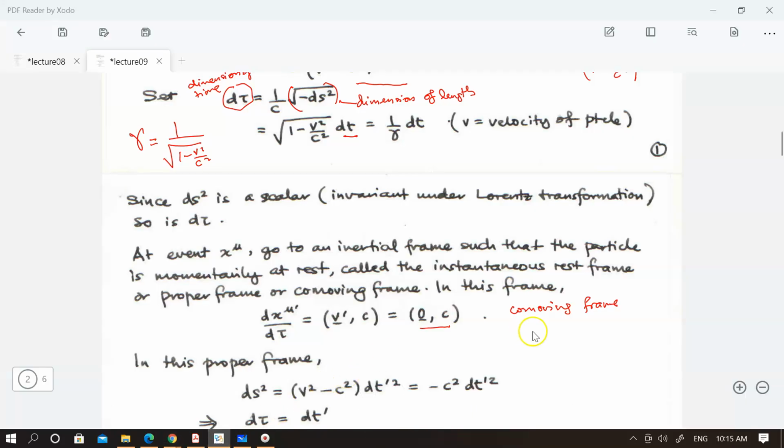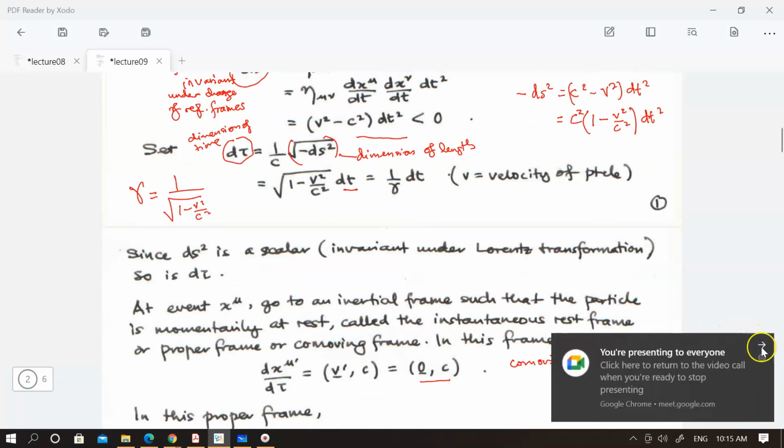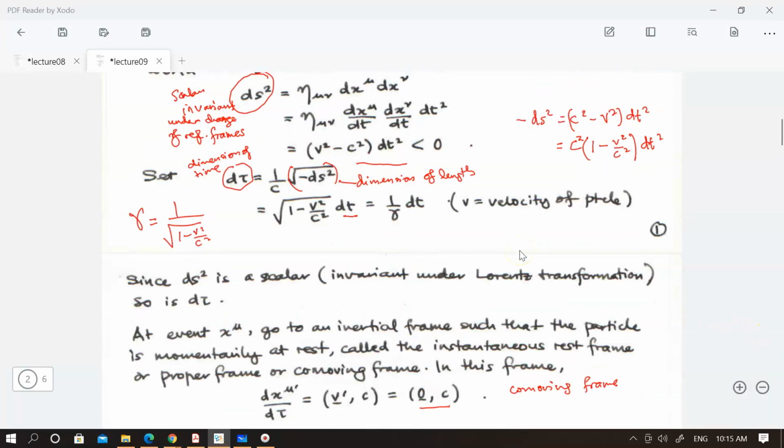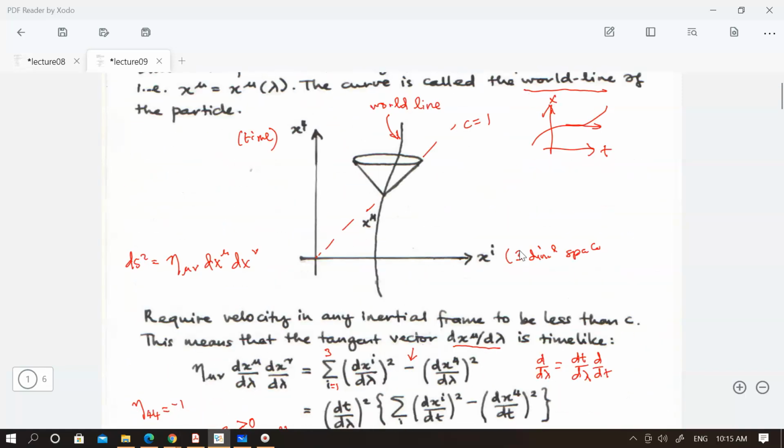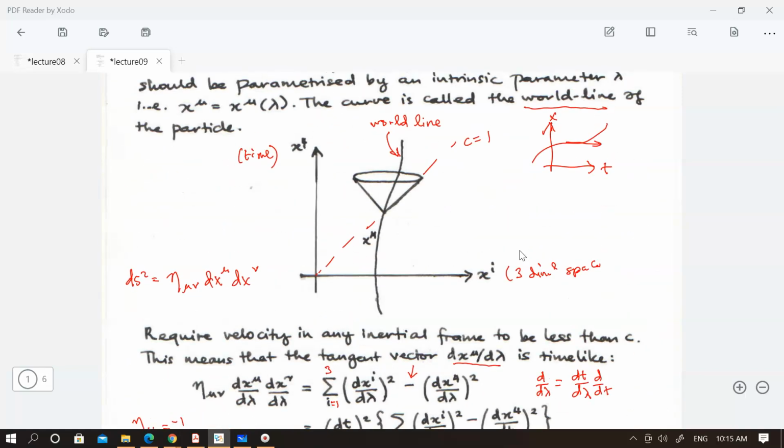Okay, so if you think of this particle, you have a frame attached to it along with the motion.